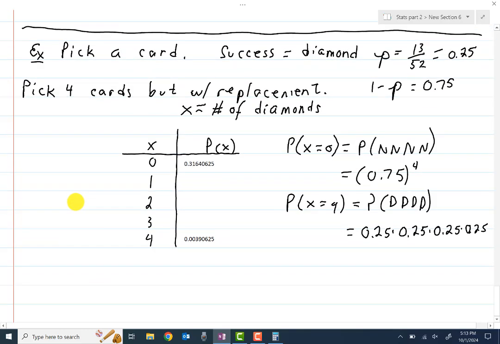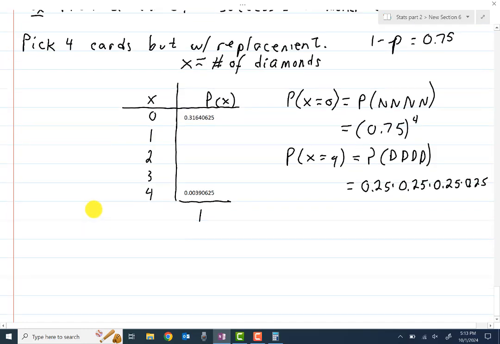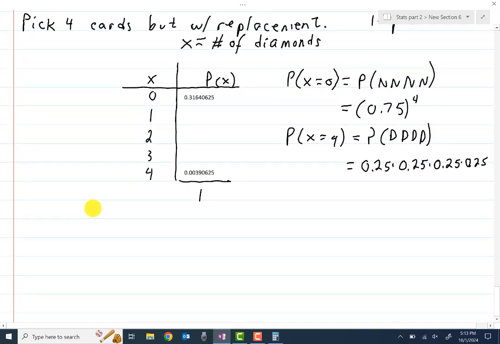How do I do the rest of them? So this is going to add up to be 1. We know that. What about, see, some of these are easier to count than the other ones. If I take a look at the probability of getting one diamond, then look what I have. So let's do the probability of X equals 1, which is one diamond.